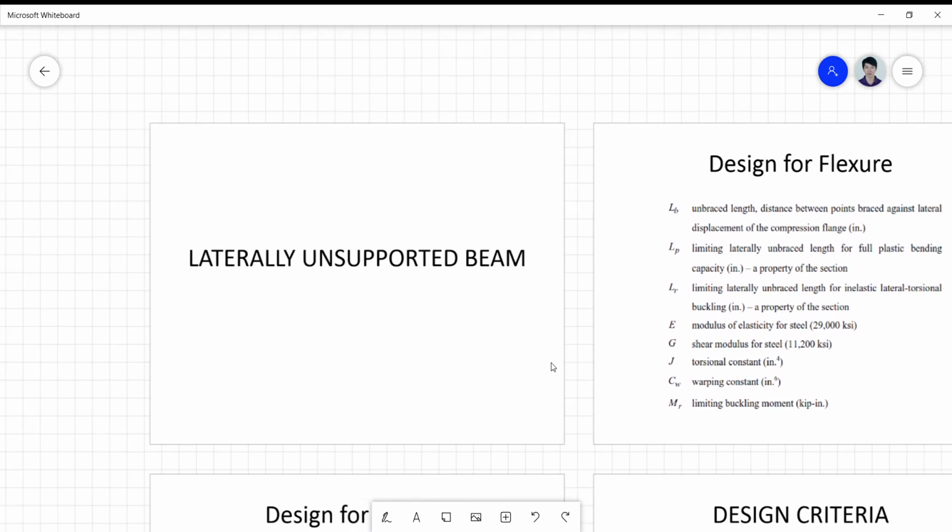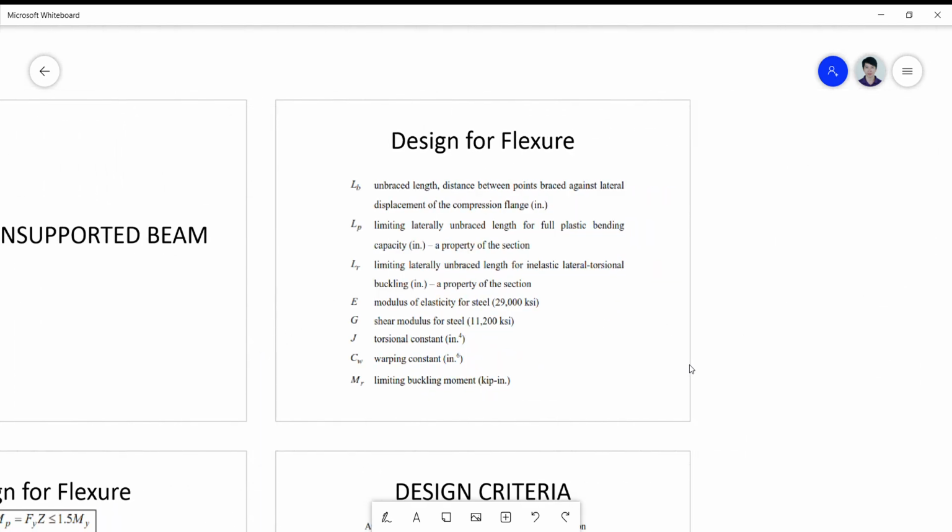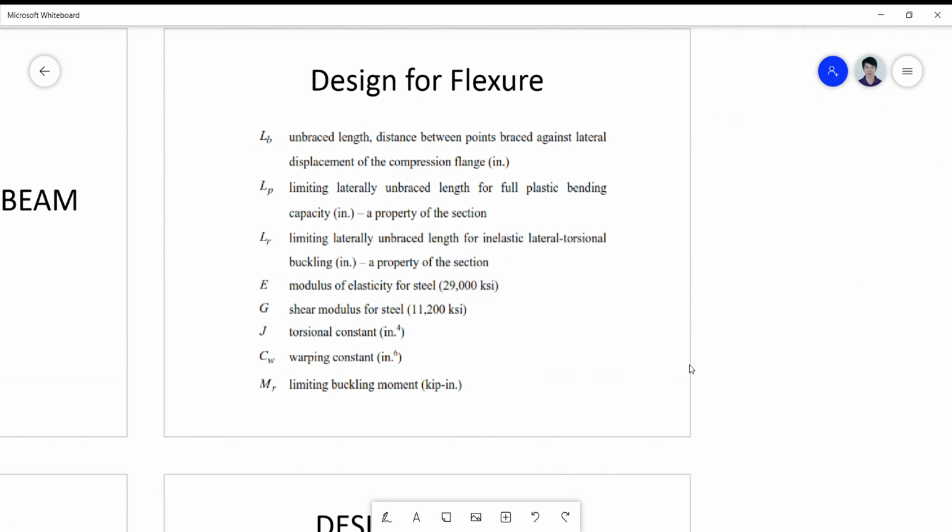In the laterally unsupported beam analysis, we need to find some additional properties that relate to the lateral support condition. These are the Lp and the Lr properties.